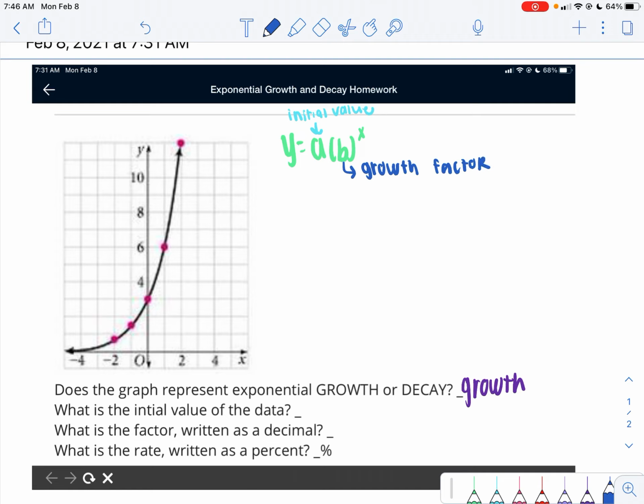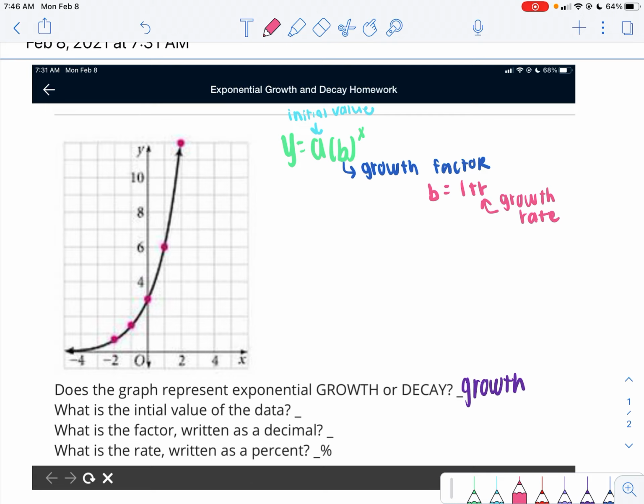Also in your notes, you should have that when we have a growth factor, b equals 1 plus r, where r is the growth rate. So by figuring out the equation of this exponential, we can answer all of the questions that it's asking.